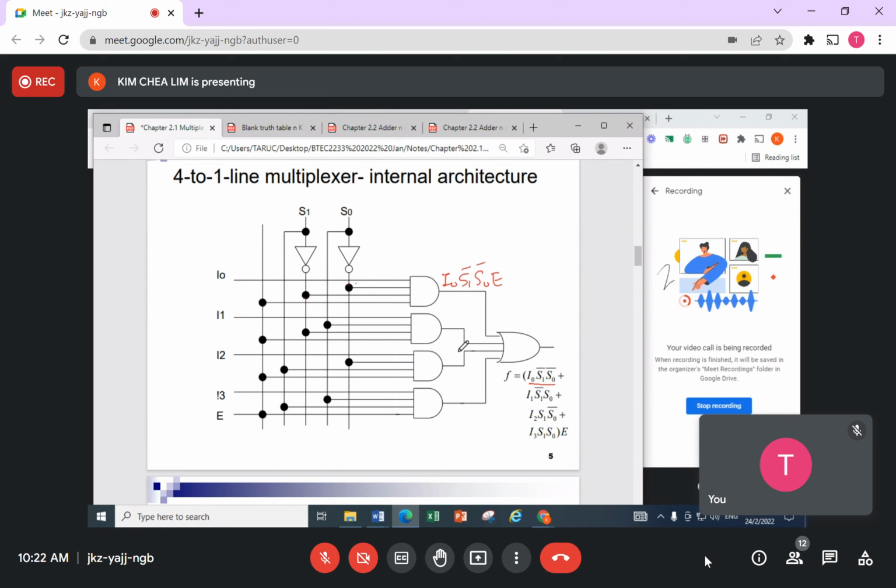Look at this internal architecture here. Imagine if E here, I put a 0 to it. Then you are going to find that this input is a 0 for all the AND gates. All their enables will be 0. So you know this is the AND gate.